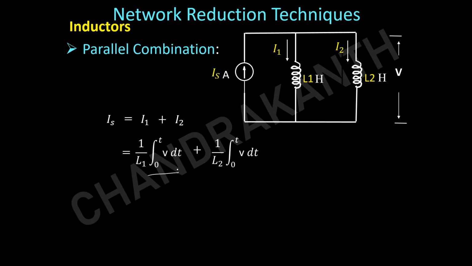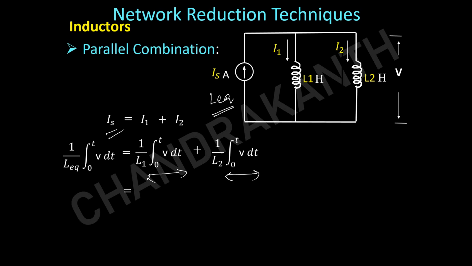Now this term is same, so you can take common, and the right side expression will be L equivalent. Then we can find 1 by L equivalent integral V dt.